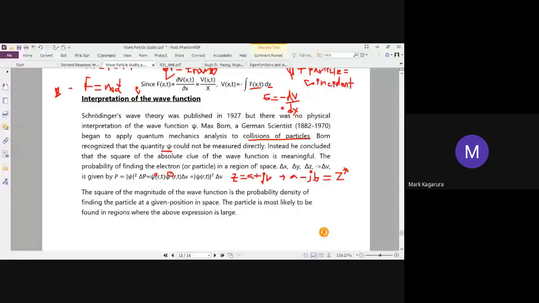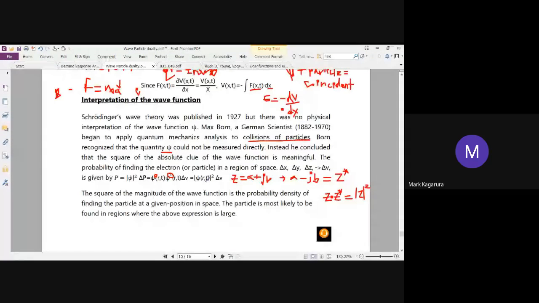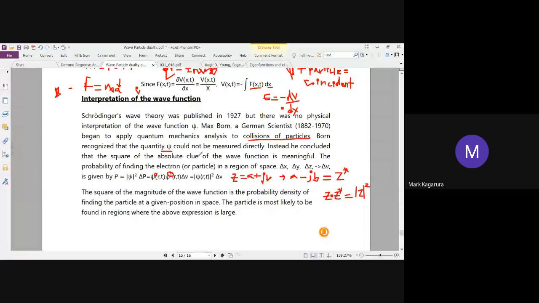So if you multiply this, you end up with the positive value, which would be equal to the magnitude of z squared. So anyway, for a long time you'll see that and then times dv.